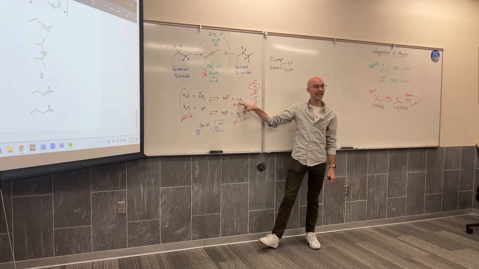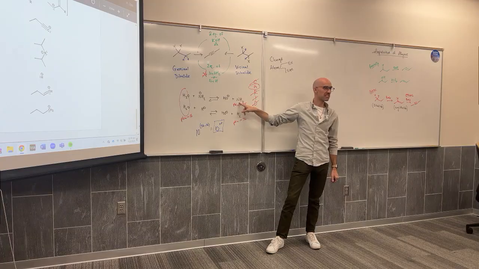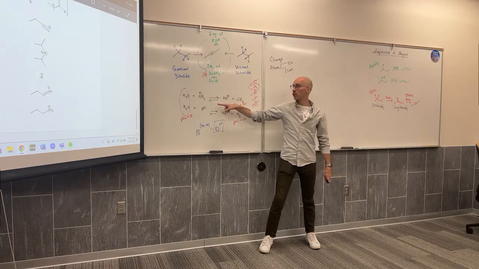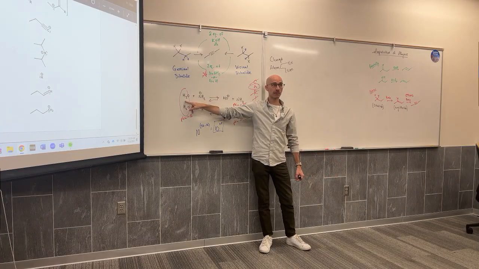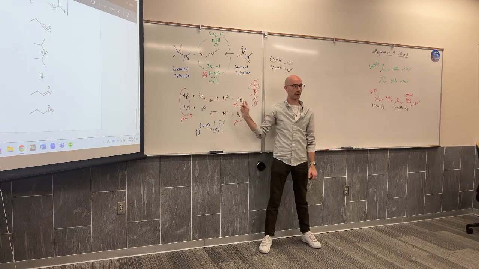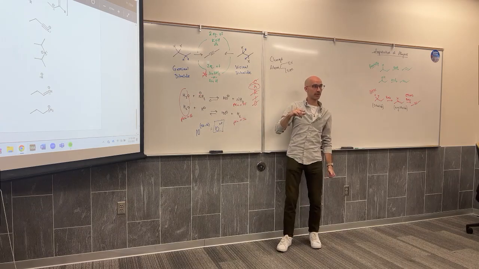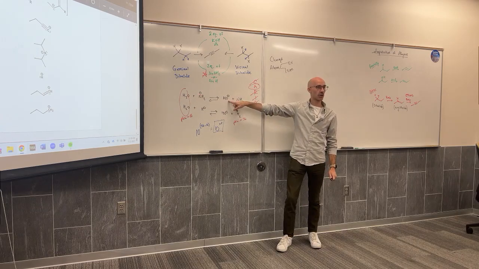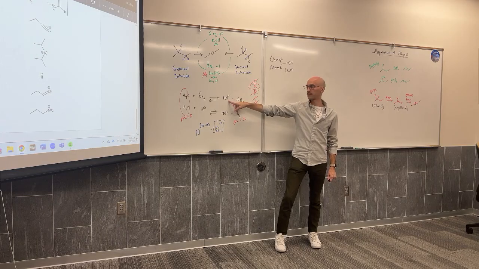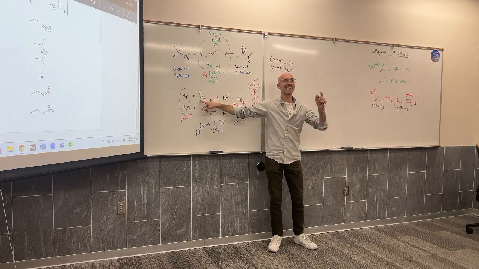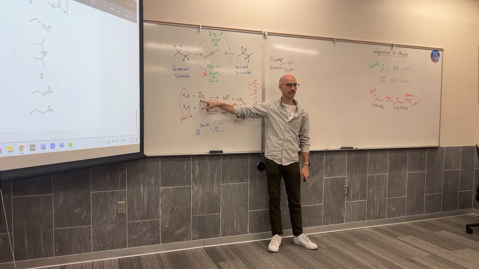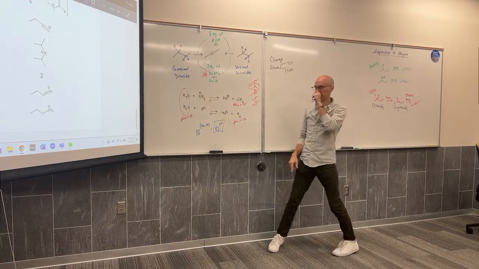Bad acid, if it forms, it doesn't act as an acid. Good acid, if it does form, it acts as an acid right away. And then conversely, negative charge on a more electronegative atom, weaker base. Negative charge on a less electronegative atom, better base.